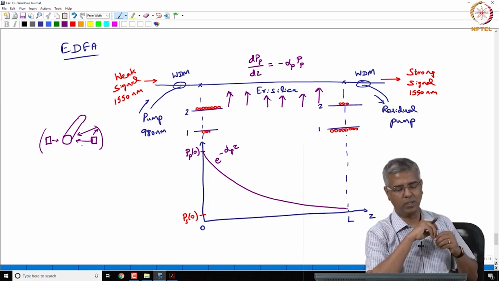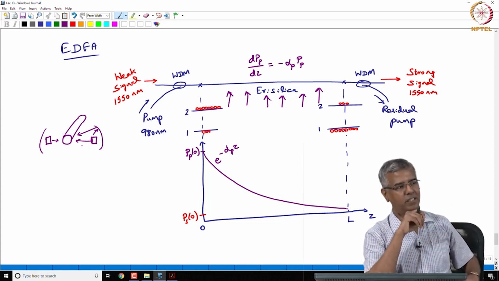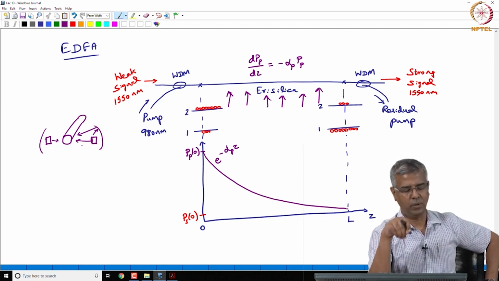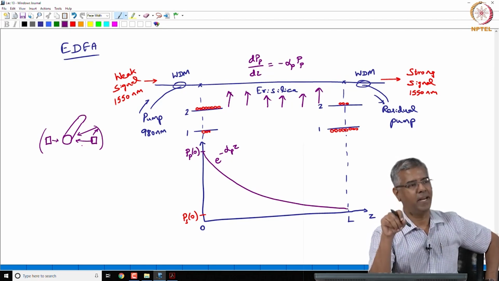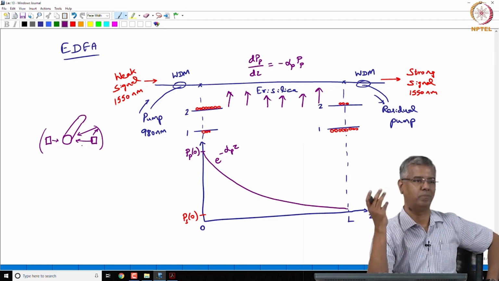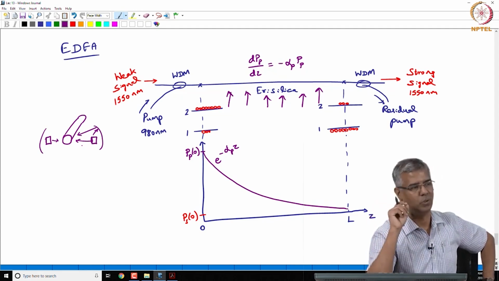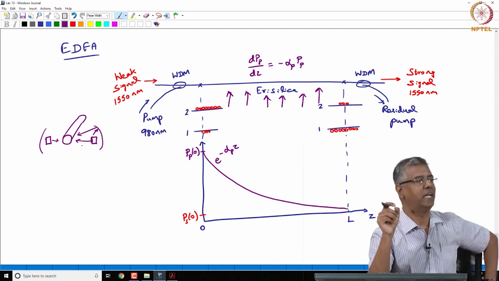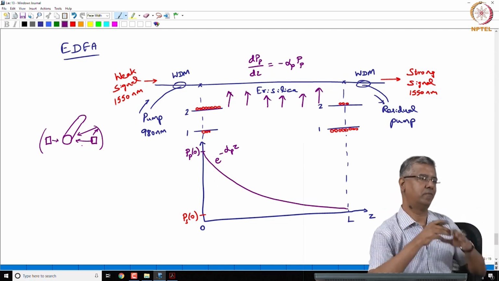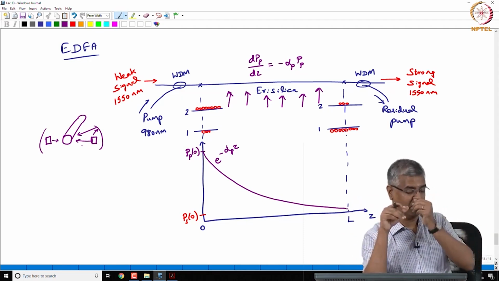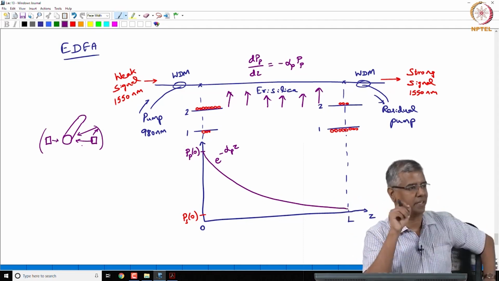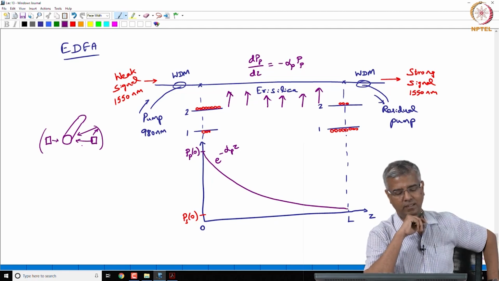And I would also want you to consider this other thing, which is, when you are pumping at 980 nanometer, where does that light come from? That has to be laser radiation, right. Because your absorption peak is relatively narrow, it is not a very broad absorption peak, you have to come in with a laser and excite these erbium atoms.